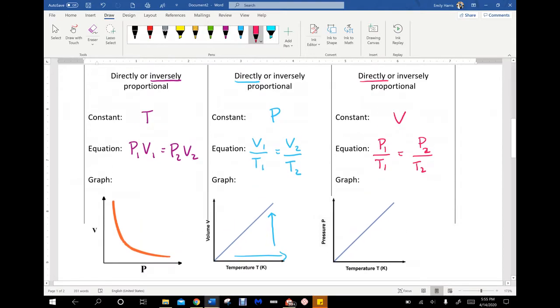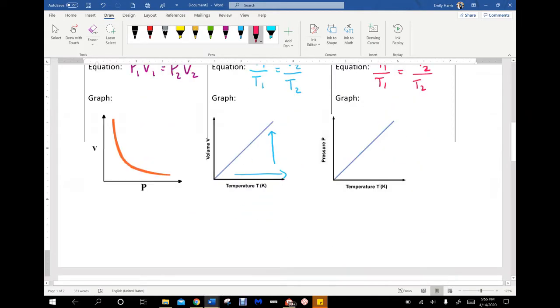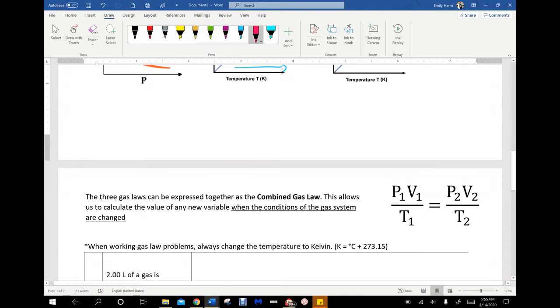Now, it seems like a lot to remember with all three of these laws. To make it easier on us, they have combined them into one big equation called the combined gas law, and that's in the top right-hand corner here.